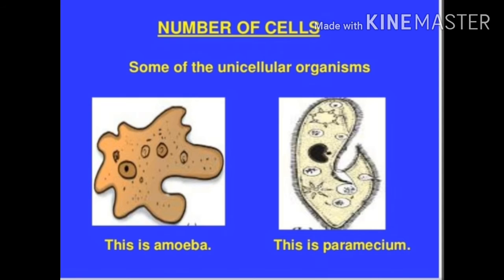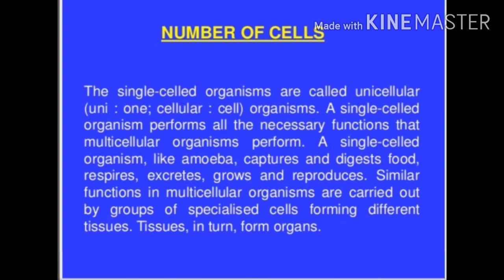Children, you can see the picture of amoeba and paramecia. Both are unicellular organisms, means their body consists of only one cell. Uni means one, cellular means cell.